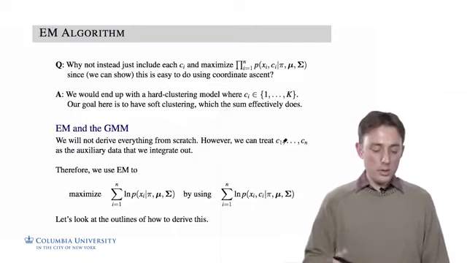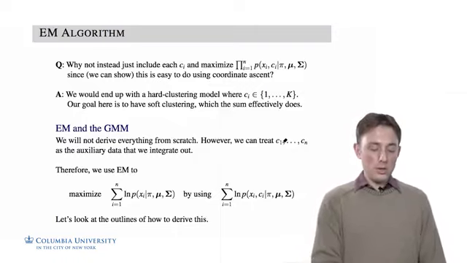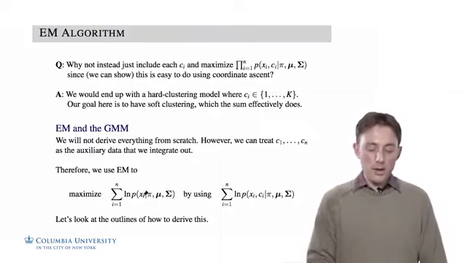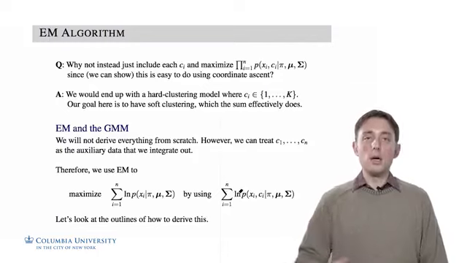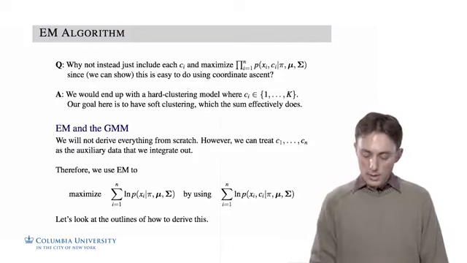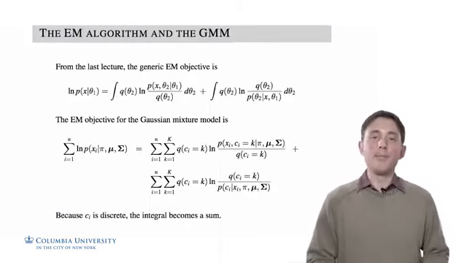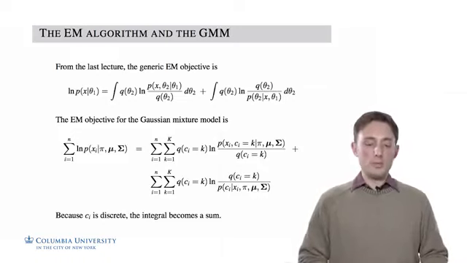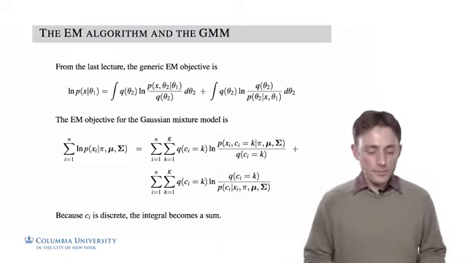Therefore, we're going to use EM to maximize the log of this marginal likelihood, where C is gone, by using the log of this augmented or extended joint likelihood to help us do that. So let's look at the equation we saw last time and how it is modified for this particular model structure.